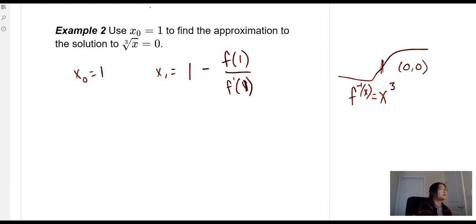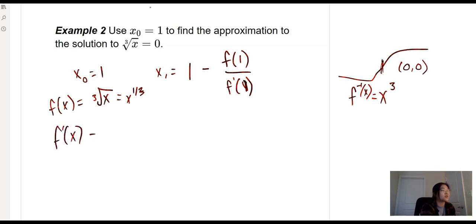And oh, I didn't take my derivative, because f of x is the cube root of x, which I'm going to write as a power with a rational exponent, just because I feel like that's easier to work with. So we have f of x equals x to the 1/3 power, which means f prime of x, because of the power rule, is 1/3 x to the negative 2/3 power. So if we have negative 2/3 power here, then what do we get?